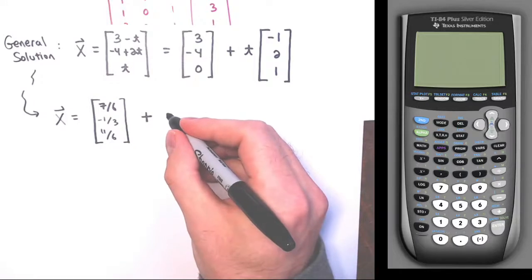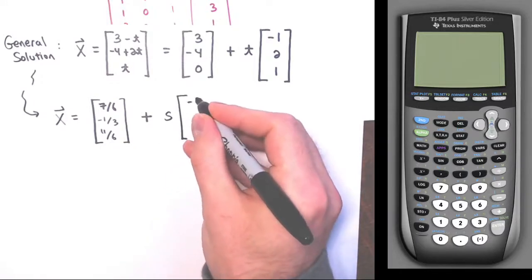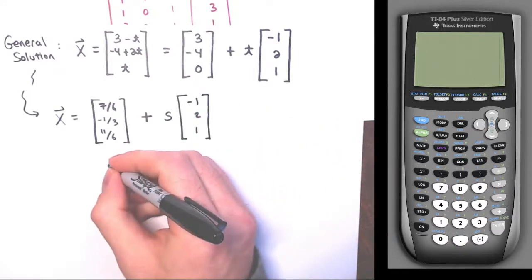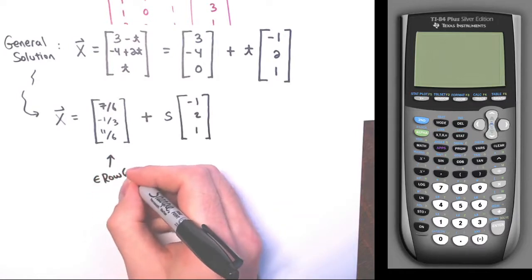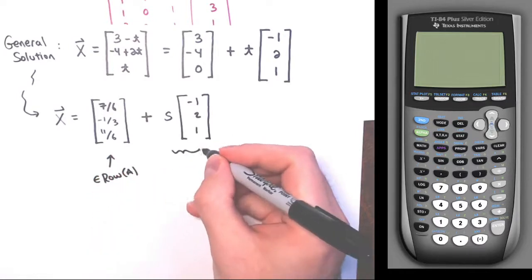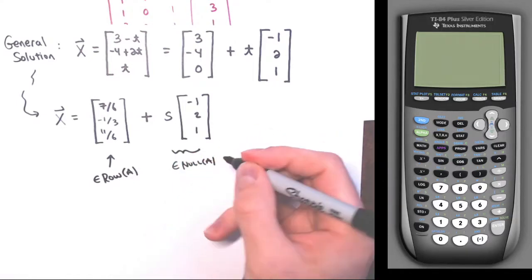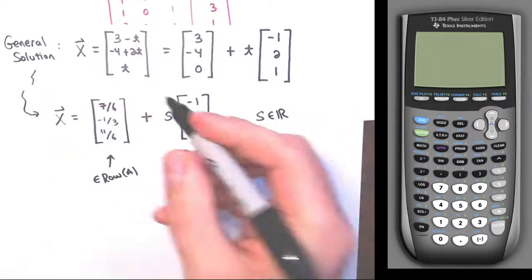Again, I'll use a different letter this time. Say s times the vector negative 1, 2, 1. So again, this is belonging to the row space of A, and any one of these vectors belongs to the null space of A. And again, s is just any scalar, any real number here.